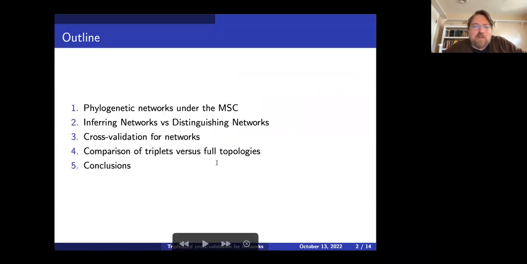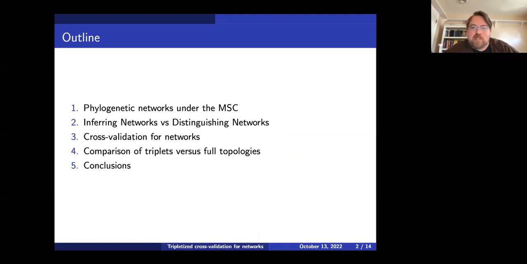Okay, well, so I'll briefly talk about phylogenetic networks. Not that this group needs much introduction on that. And inferring networks is rather difficult. So a sort of easier problem to work on is, given a small number of candidate networks, here I'm just going to use two, can we distinguish between them?